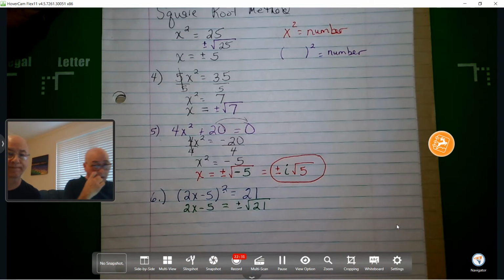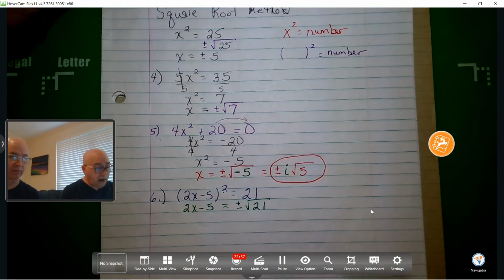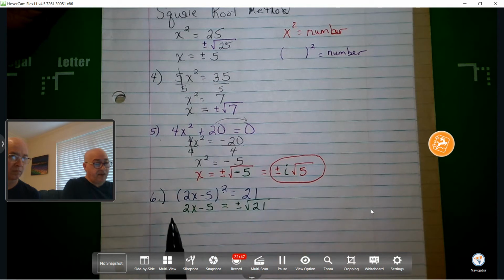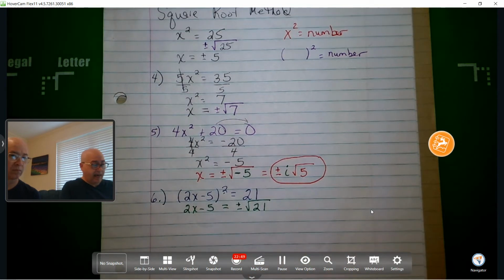So if you wanted to write out, drop the square on the left, take the positive, negative square root of the number on the right. The only difference is here, we're not finished. When you're solving an equation, you always want x equals some number. We don't have x equals yet, but we know how to get the x by itself.